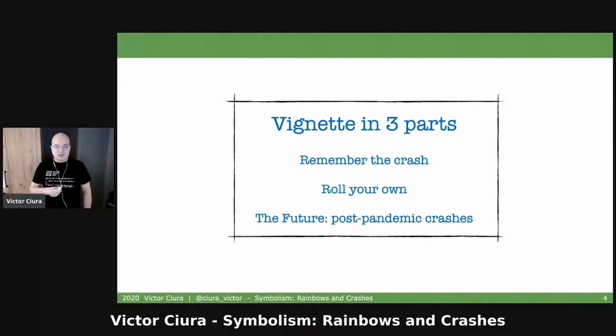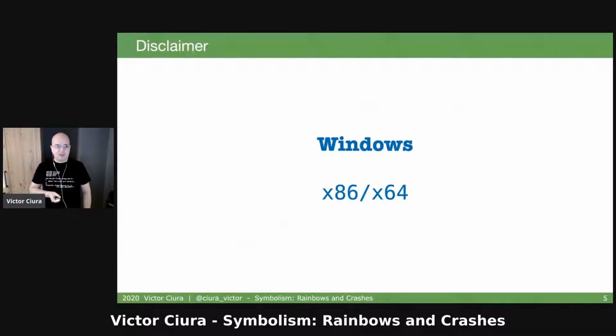So this will be a vignette in 3 parts. Remembering the crash, how to roll your own, and maybe for next year, a few words about the future in terms of stuff coming in the C++23 standard. Just as a disclaimer, this will be 99% talk about Windows and technologies on Windows.